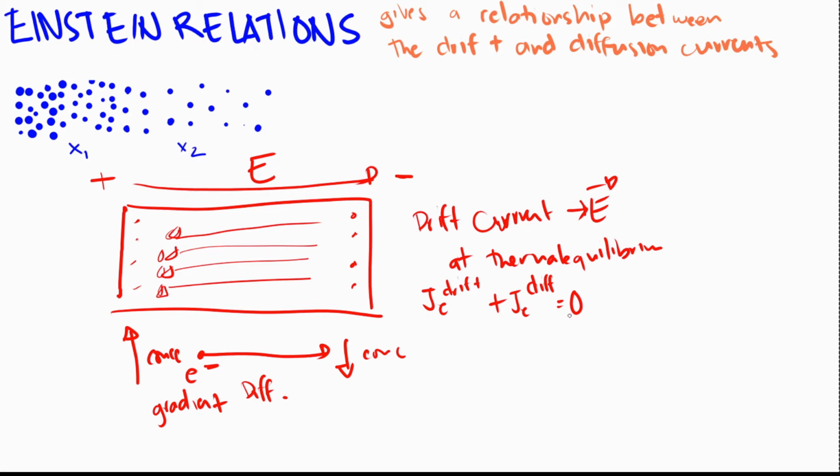JE drift, or the current density due to drift, is equal to nQ mu E. While the diffusion current density is equal to Q Dn dn over dx.